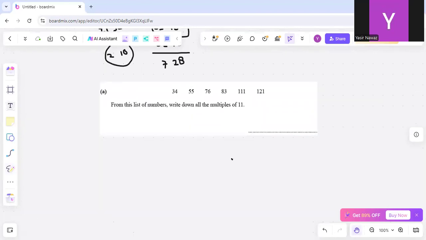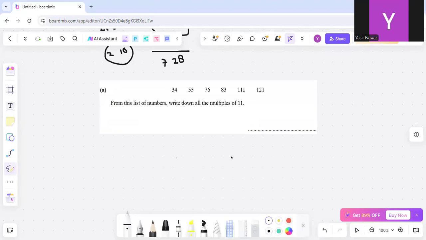In this question, from this list of numbers, write down all the multiples of 11. Multiples of 11 are 11, 22, 33, 44, 55, 66, 77. These are all multiples of 11.